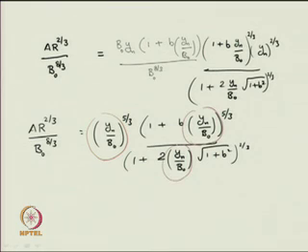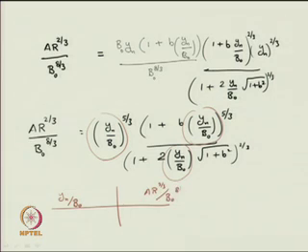So, if you are able to compute, for different values of y n by b naught, the corresponding values of A R to the power of 2 by 3 by b naught to the power of 8 by 3, you can now easily form a table. That table can be plotted to obtain your design curves for different values of m. You can easily obtain the corresponding relationship.